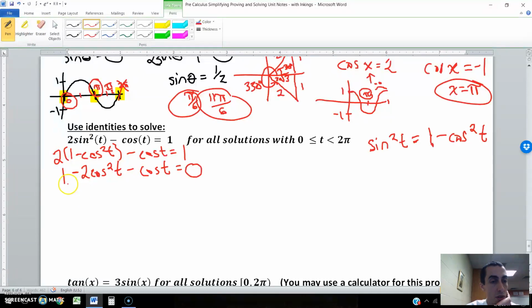Then I'm going to reorder this so that we've got our highest degree term at the front. Next, we see that we have a trinomial, and so we're going to try to factor this into a pair of two binomials. It's easier to factor when we don't have a negative in front of our leading term. So I'm going to factor that -1 out.